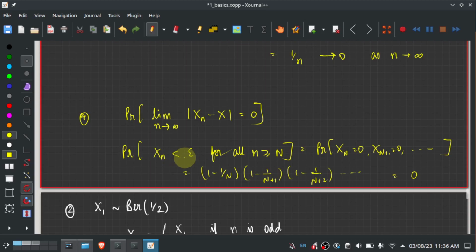Correct? So if you take any particular point on the horizon, you are sure to see at least one xn to the right of that point where xn is equal to 1. And that is why xn does not converge to 0 almost surely.